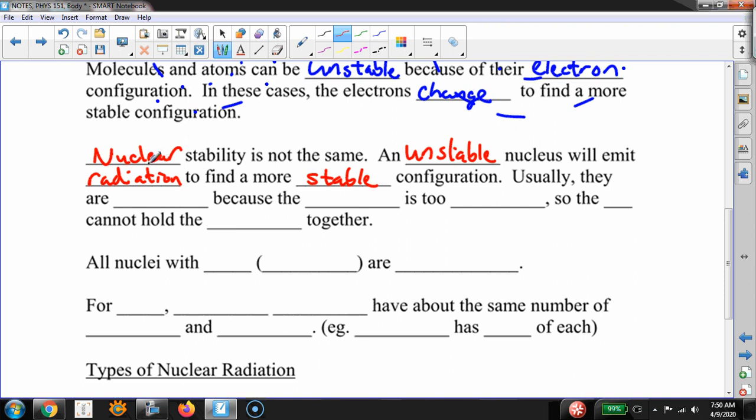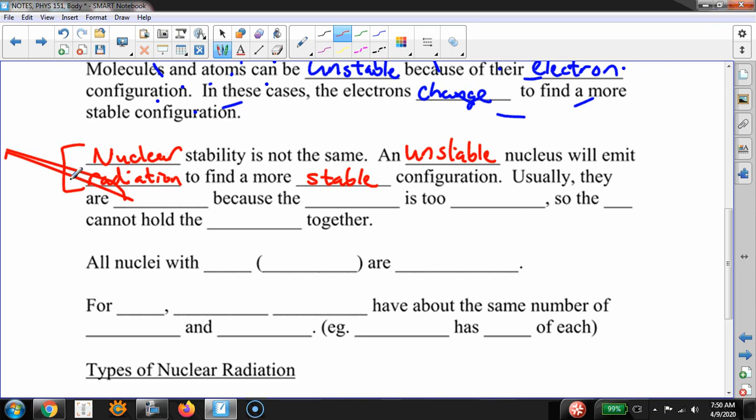By the way, this is true for electrons too, that they'll emit radiation when they move to a lower energy level. So that part of it is the same, that an unstable atom, when the electron moves from a higher energy state to a lower energy state, will emit a photon, a piece of light, radiation, to find that more stable configuration.